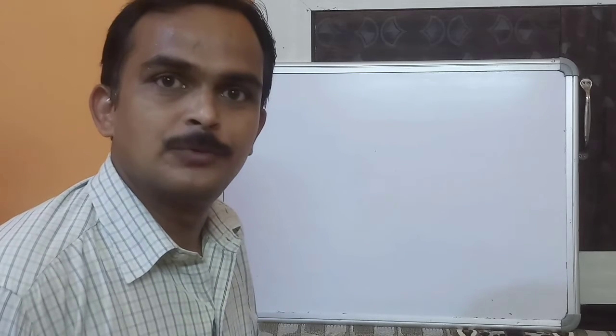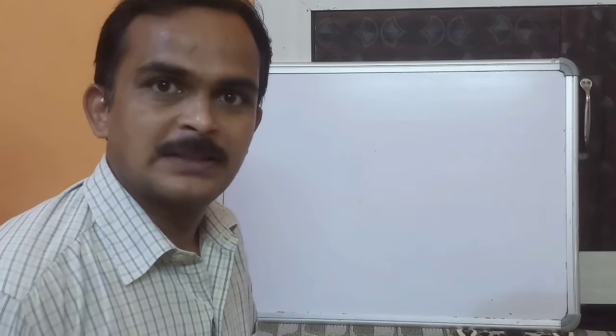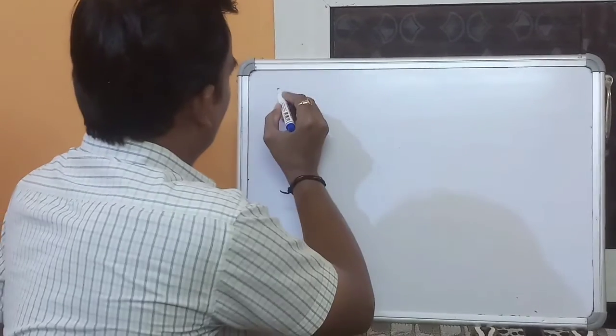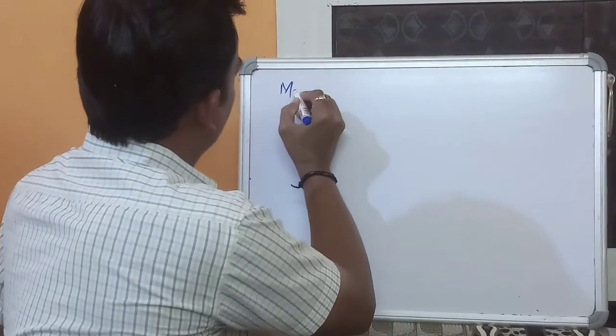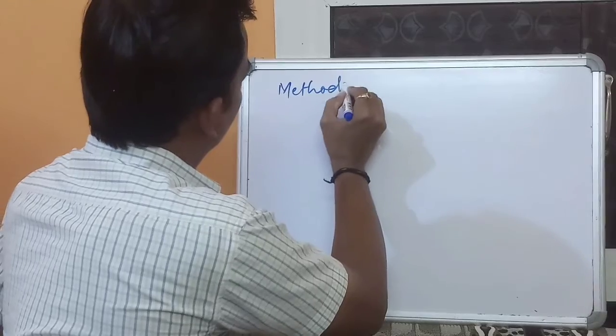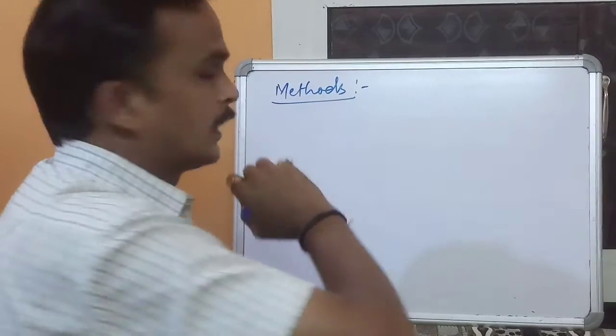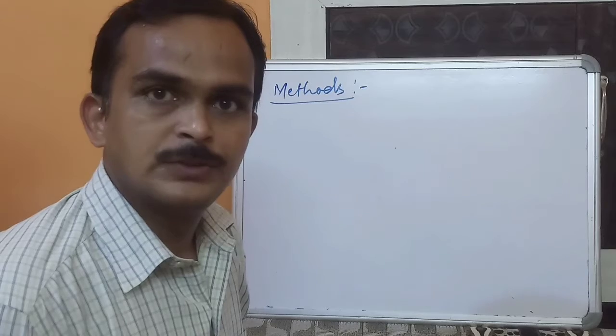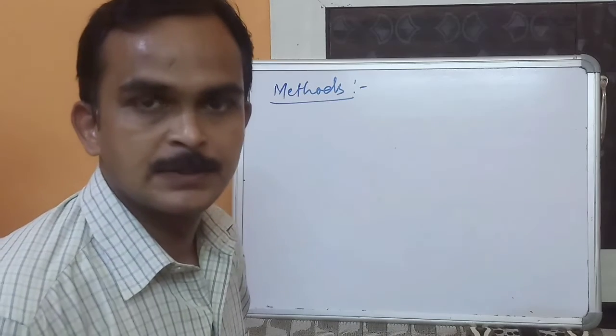Today we will discuss some concepts of methods and objects. So what is a method? As we all know, a method is a set of code which is used to perform a specific task.